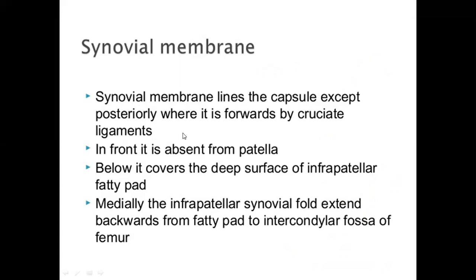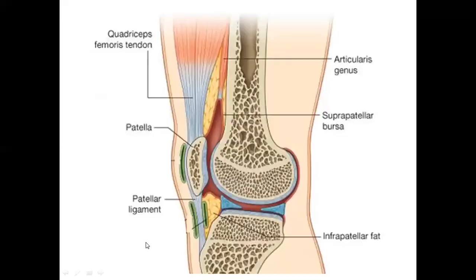It lines the capsule except posteriorly, where it is reflected forwards by the cruciate ligaments. In front it is absent from the patella. Below it covers the deep surface of the infrapatellar fatty pad. Medially, the infrapatellar synovial fold extends backwards from the fatty pad into the intercondylar fossa of the femur.